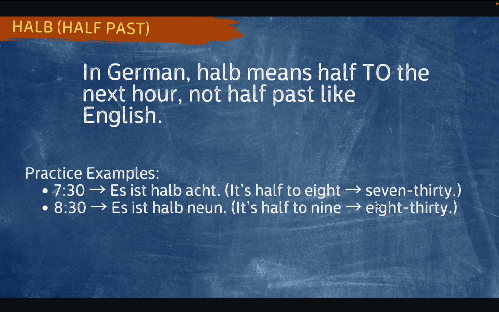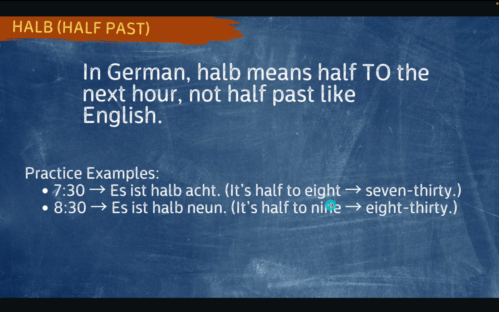Five Euro. Now, halb. In English we say half past, but in German, halb means not half past like in English, but half to the next hour. If we have 7:30, then you say es ist halb acht. It's half to 8.